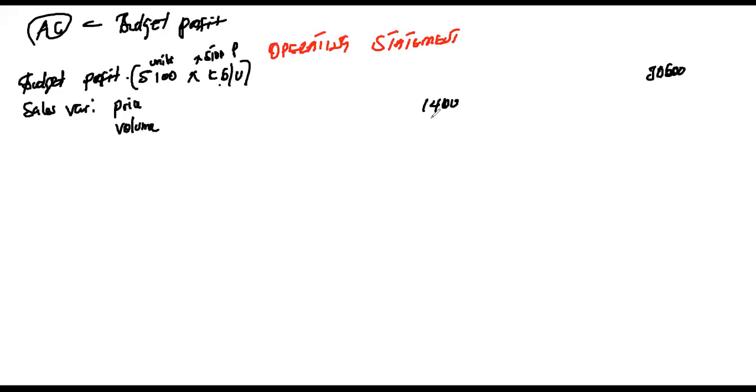And then the volume variance was also an adverse variance of 1,500. Because they are both adverse variances, we add them together and bring the total here. The total of these variances is 2,900 adverse.